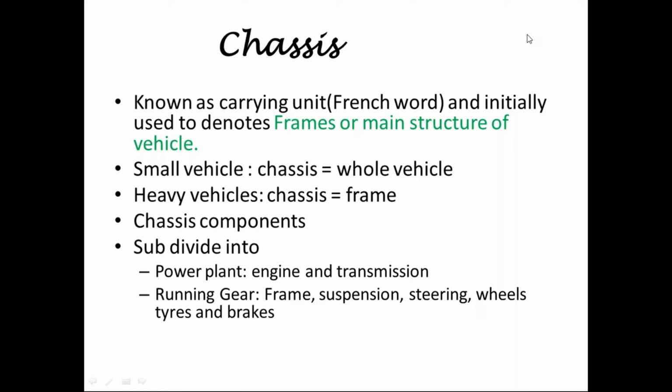So most probably in olden days we had different basic chassis, or the basic skeleton of a vehicle. The chassis is the important part related to any type of automobile vehicle, whether it may be a small vehicle or a heavy vehicle.